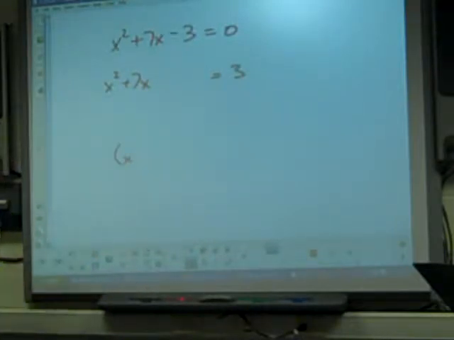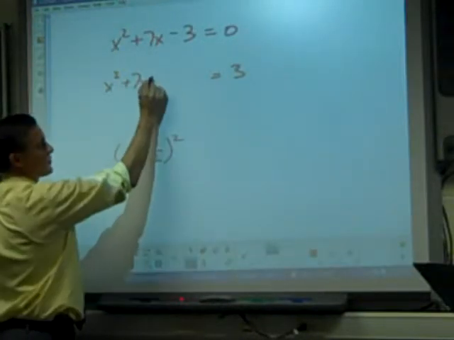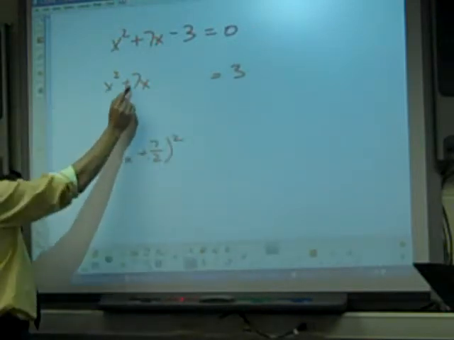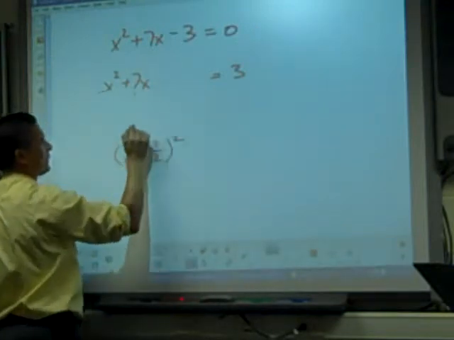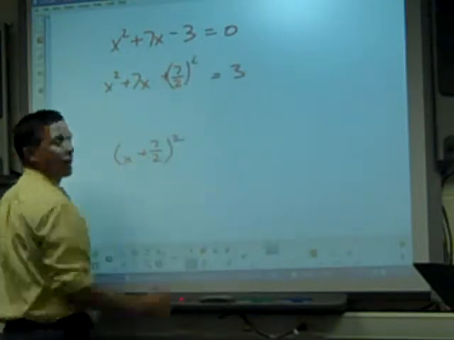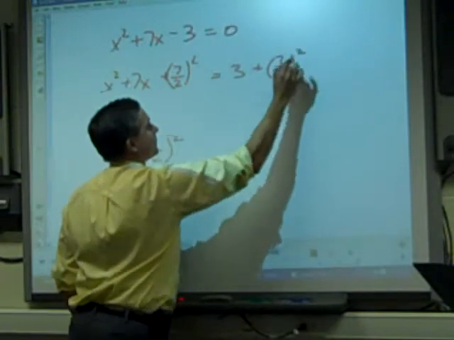And this is where it's going to get a little more difficult, because I know that I have to get 7. Well, I have to take half of that term then. Just like on the previous page where it was 6 and the square was 3, we have to do 7 halves. Well, I can't jump from here to here without having a trinomial. 7 halves plus 7 halves is 7. Well, we have to get the product of 7 halves squared. Whatever I do to one side, I must do to the other.